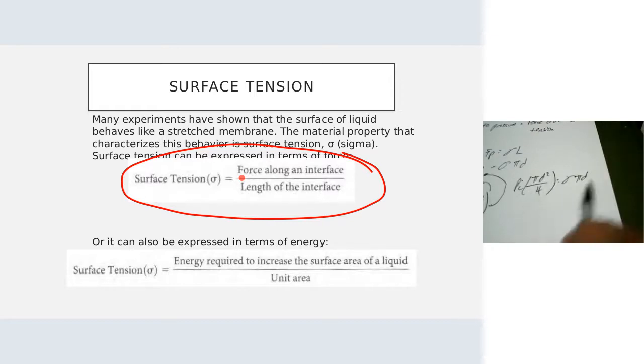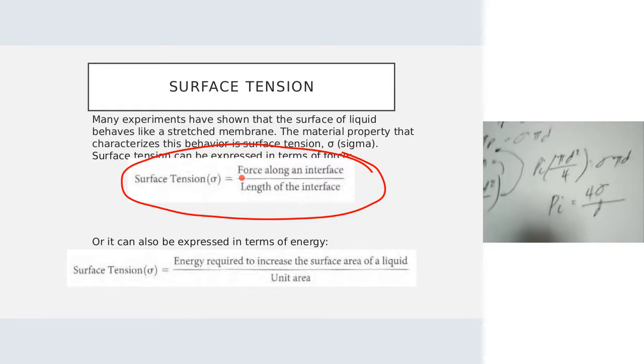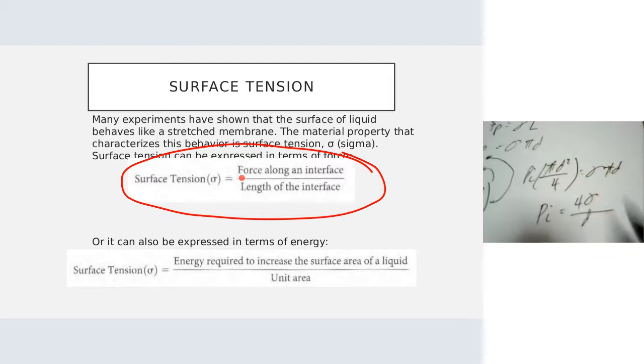Now, if we simplify this equation, it will become P sub I equals 4 sigma over D, because pi will cancel out, D will cancel on this side, 4 will be cross multiplied to this side, so it will become 4 sigma, and then this D will be cross multiplied to the denominator of this side.